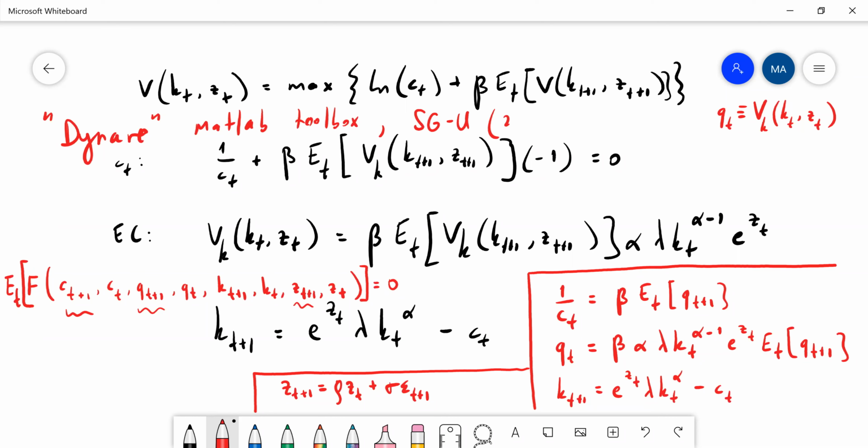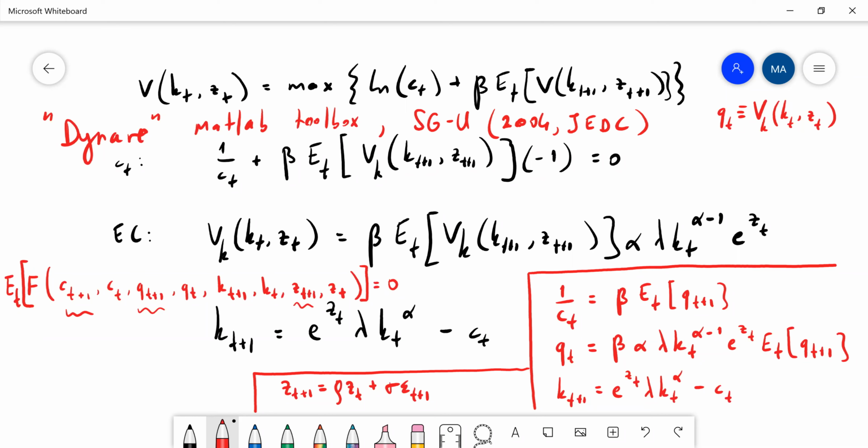Okay, so remember their 2004 paper in Journal of Economic Dynamics and Control. In that paper, they developed this idea theoretically, and they also provide a toolbox.